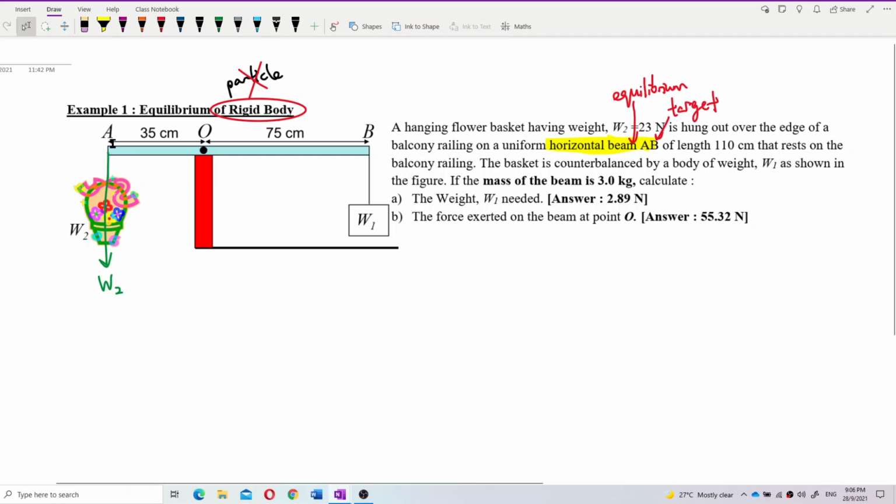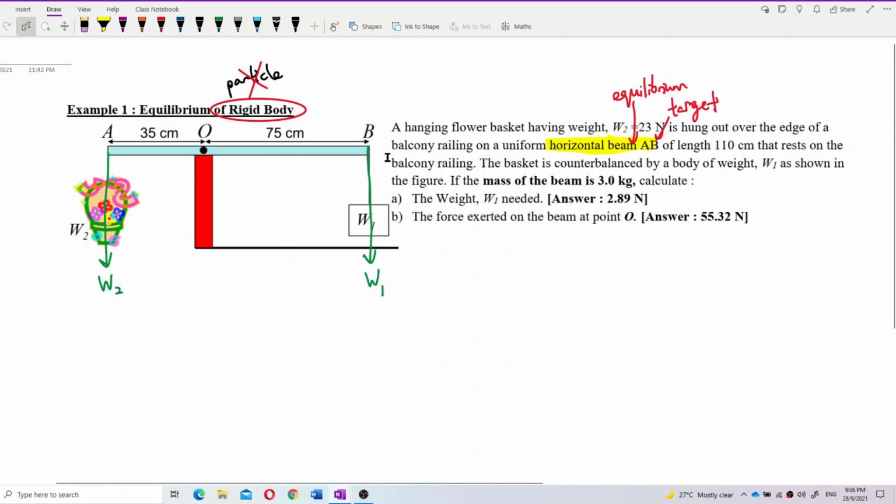The flower basket pulling the beam at this point downward. And also this body here has weight 1, so it's also pulling the beam downward. This is W1. You must label with W1, W2. Don't just write W.